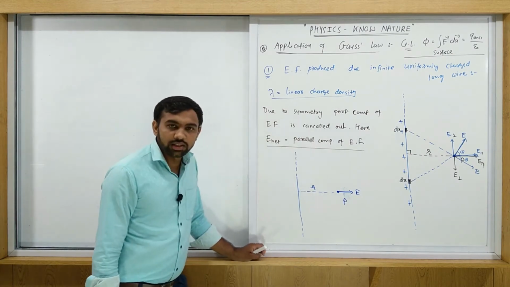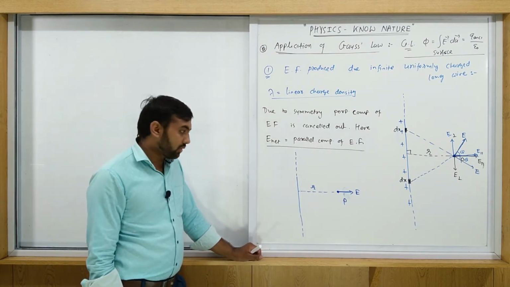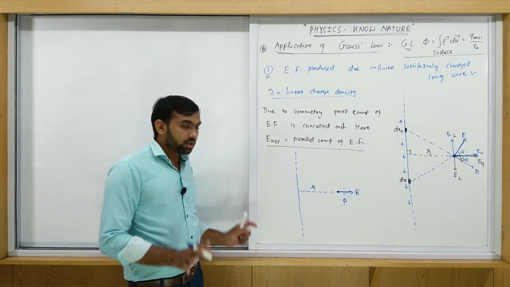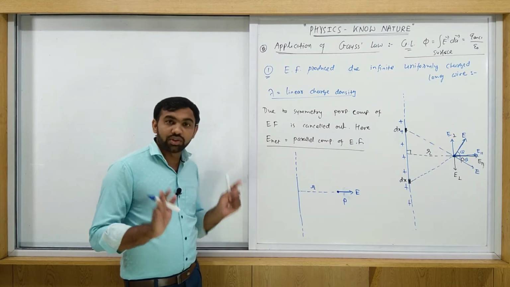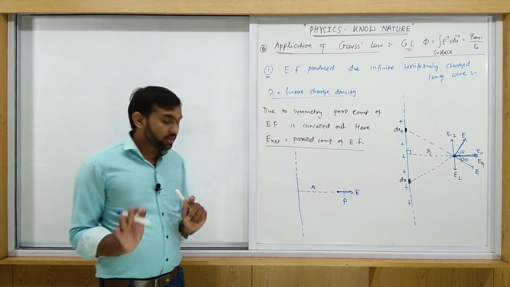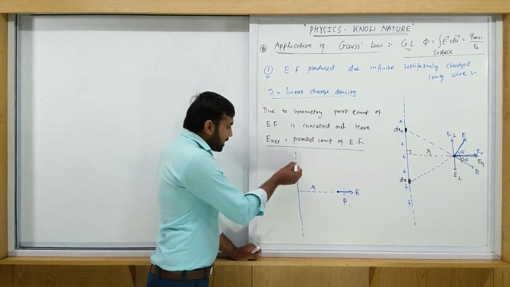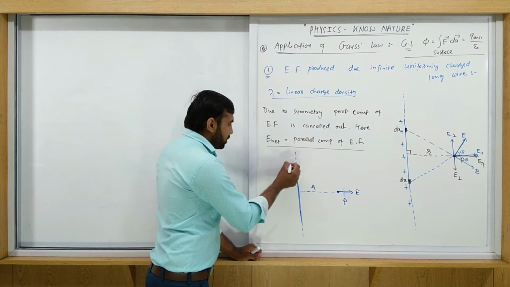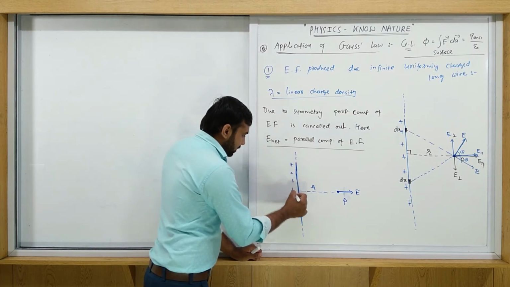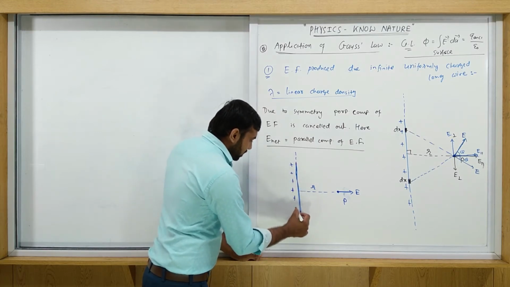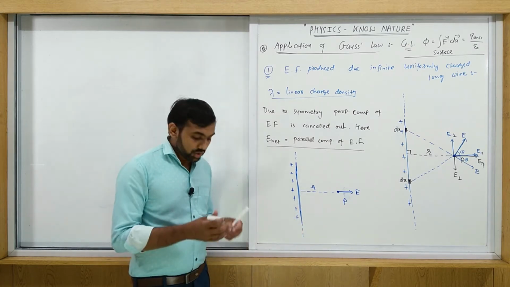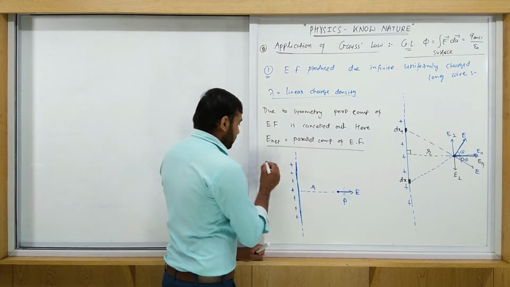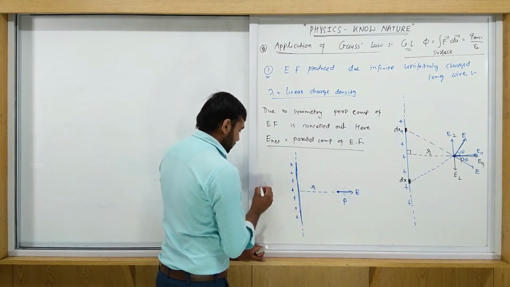Now if you have to derive the relation using Gauss law, first you choose the Gaussian surface. As we discussed in the previous session, if you have a line charge, which type of Gaussian surface is selected here? You choose the cylindrical Gaussian surface, as we discussed. So let's choose the cylindrical Gaussian surface.